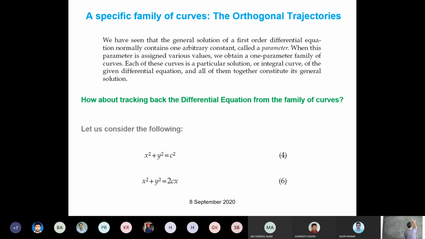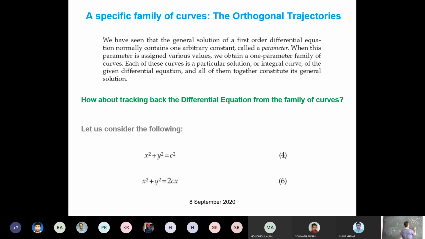If you take this point to be a general point x, y, then the slope of the tangent at this point is simply given by dy/dx. If I call it m1, then m1 is going to be f of x, y. Is it okay?